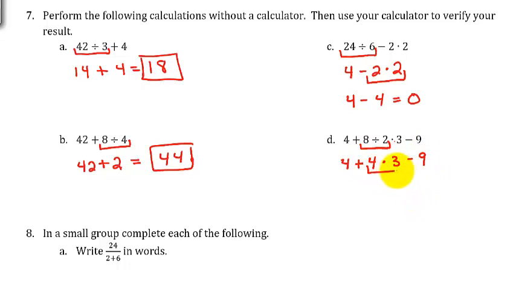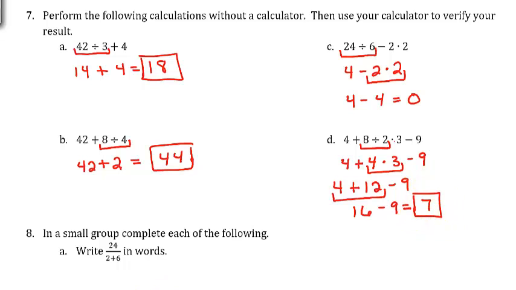So now we have this multiplication. Take care of that. 4 times 3 is 12, and then minus 9. And then we're going to continue working from left to right, doing addition and subtraction as we see them. So 4 plus 12 is 16, and then minus 9. And 16 minus 9 gives us 7.